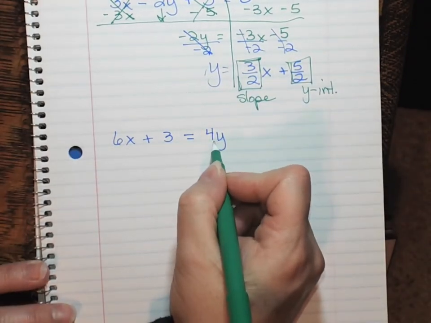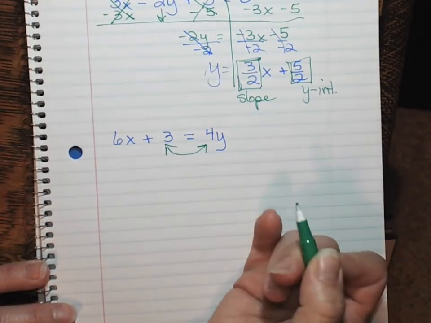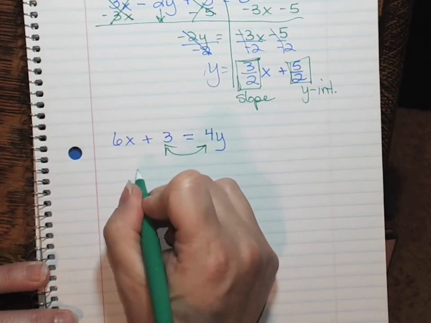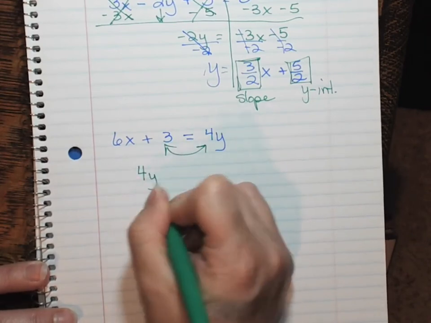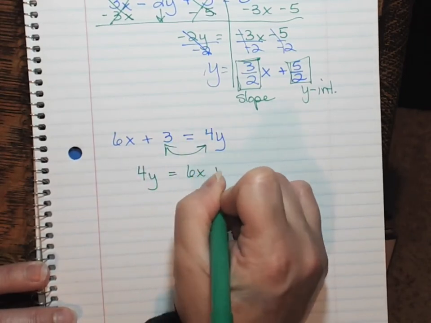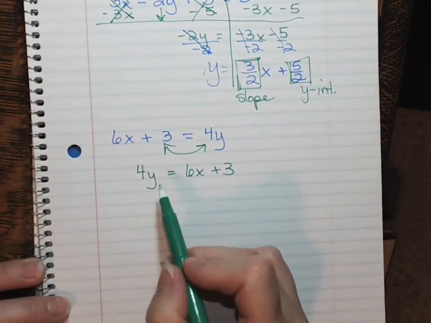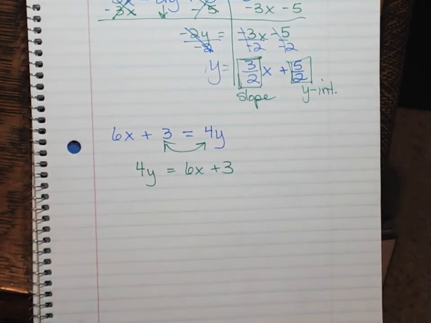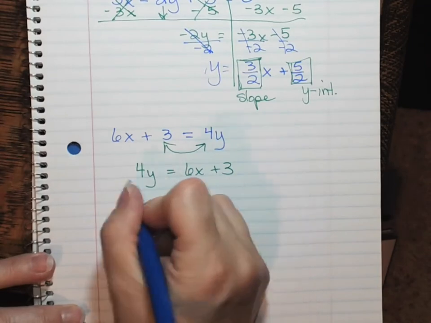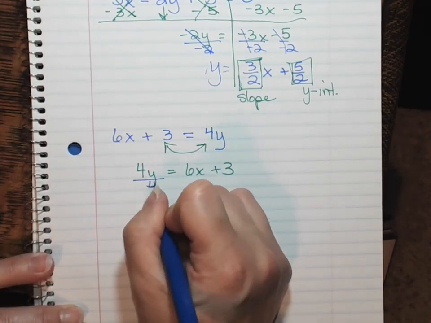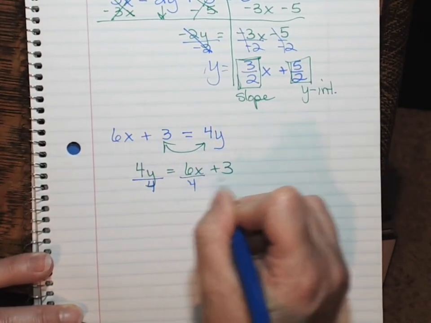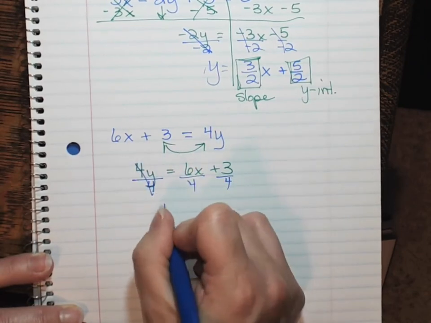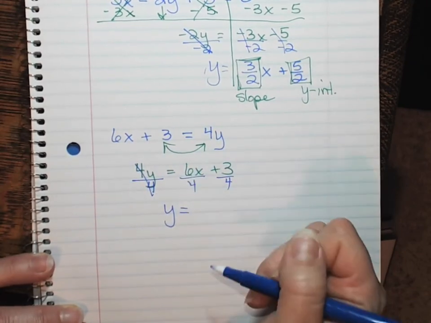So I'm just going to rewrite it, and I'm going to flip-flop my equals so that everything is on the opposite side. I'm already in y equals mx plus b. Now all I need to do is divide by my 4 so that I can have them cancel here. And I have y equals 6 over 4.